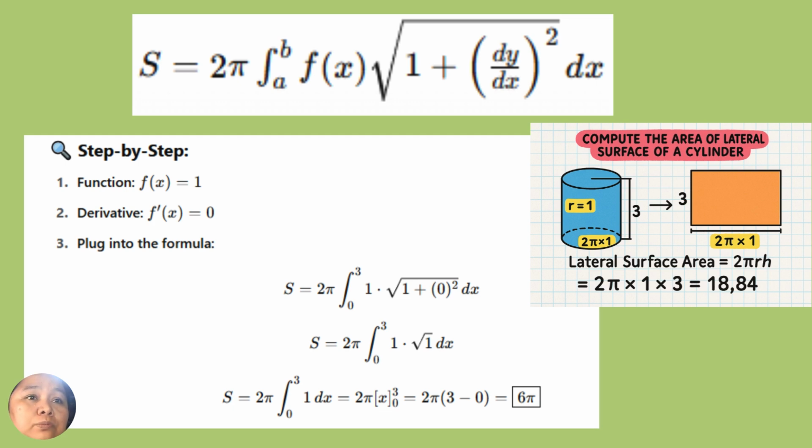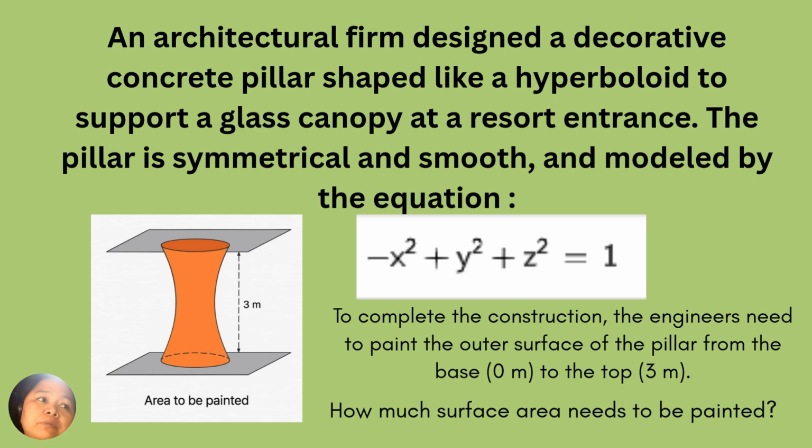So 2 times pi times 3, that would be 6 pi. So same result with our formula a while ago, the 2 pi rh. The numerical value of 6 pi is 18.84.